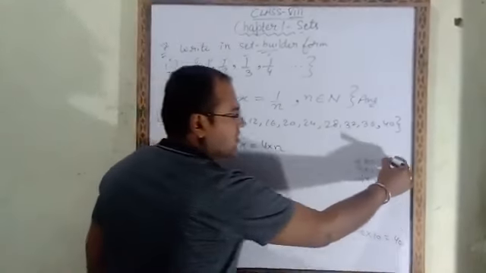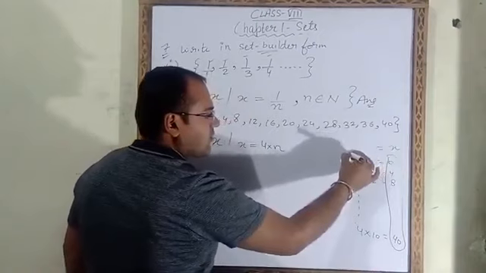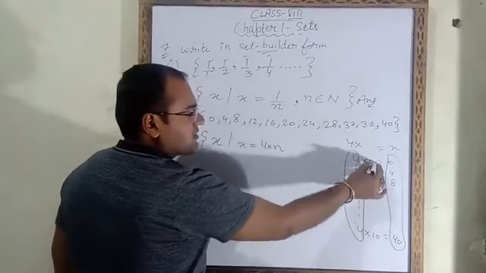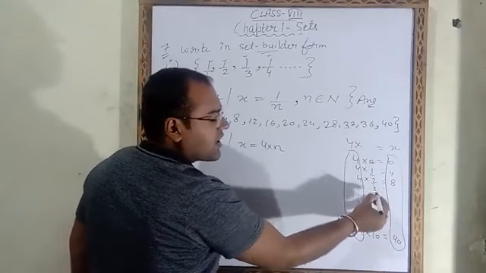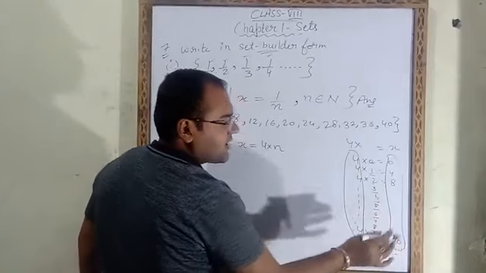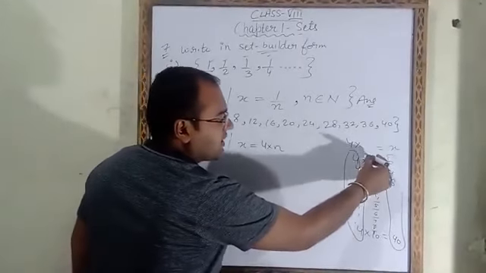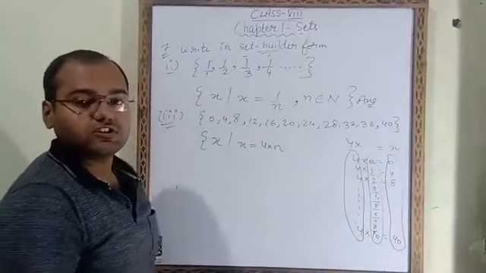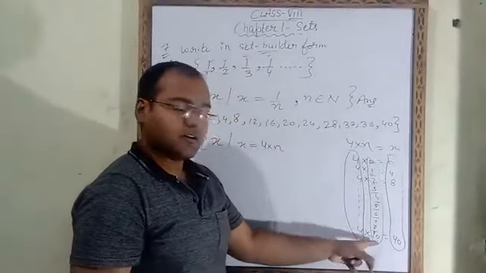So these all are the values of x. 4 is there in each number, so this 4 will remain as it is. These numbers are getting changed: 0, 1, 2, after that 3, 4, 5, 6, 7, 8, 9 and 10. These n values start from 0 and finish at 10.